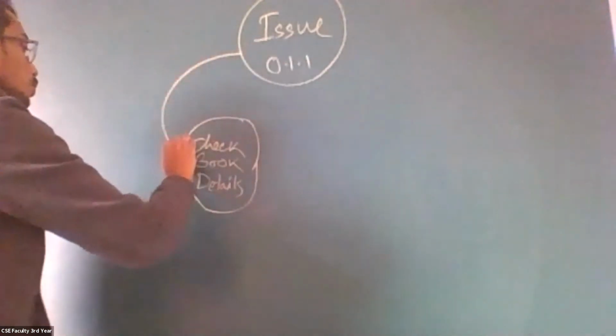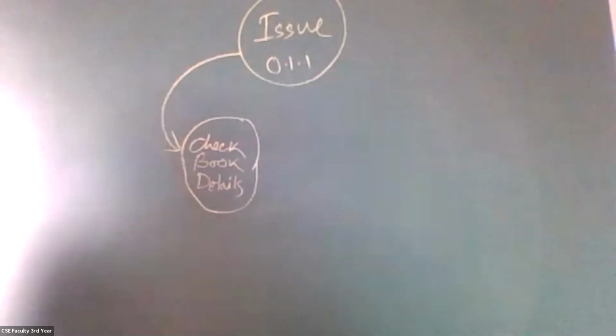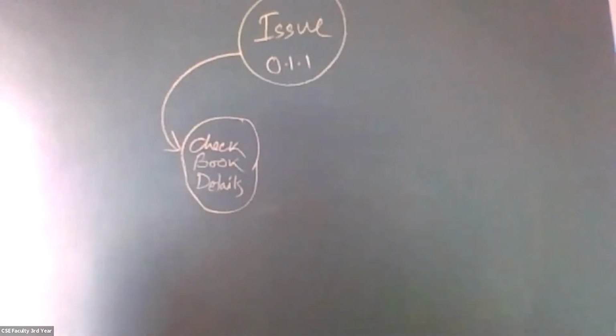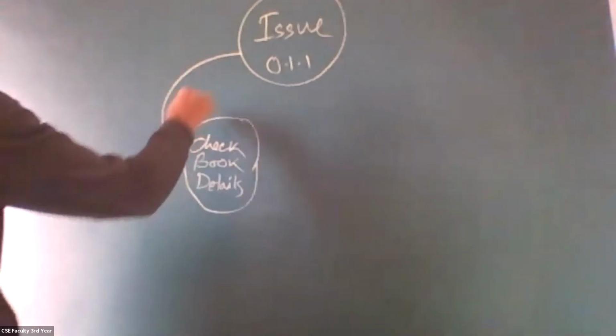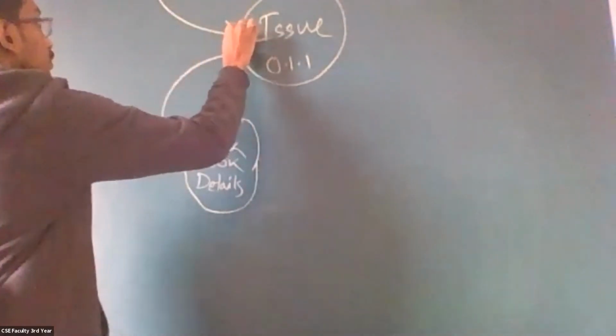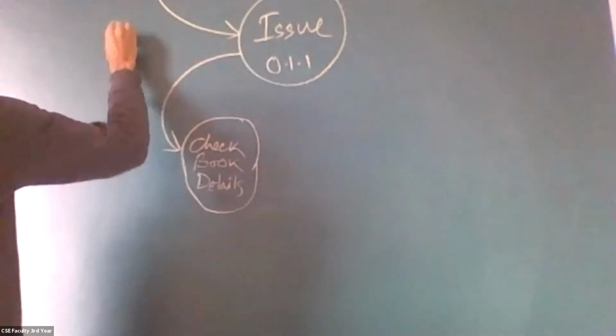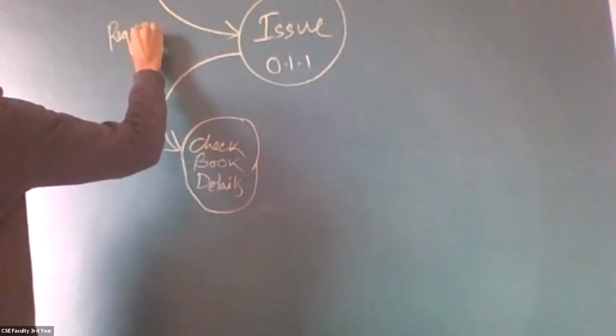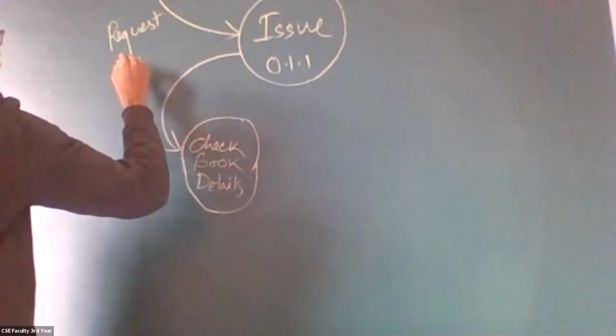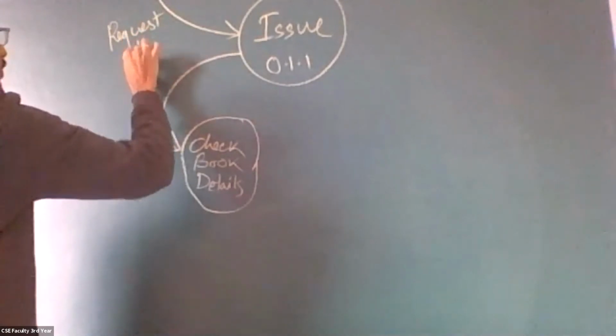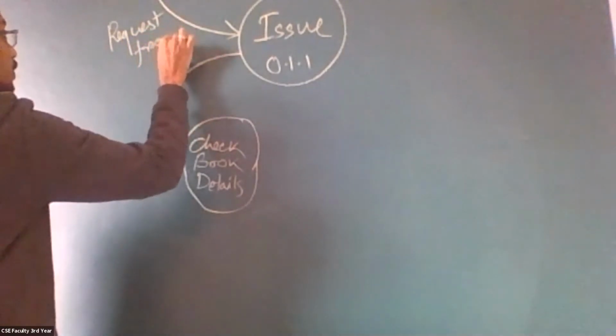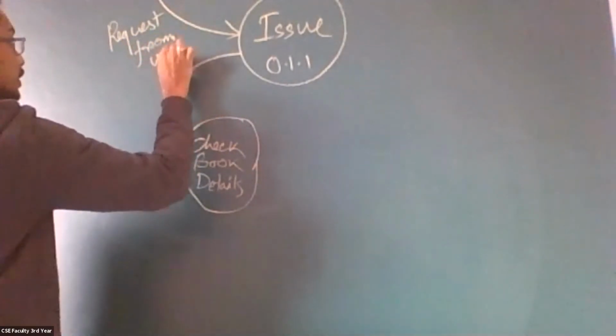So whenever the user is requesting to issue, to take some books from the library, okay, a request from the user.